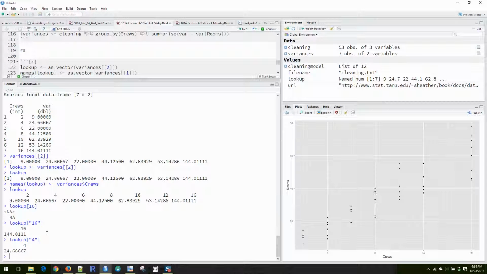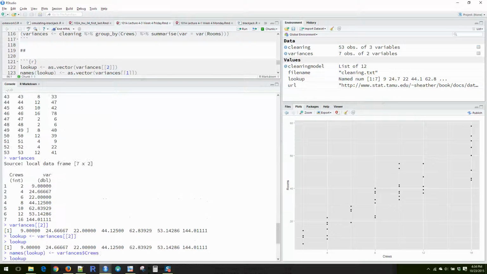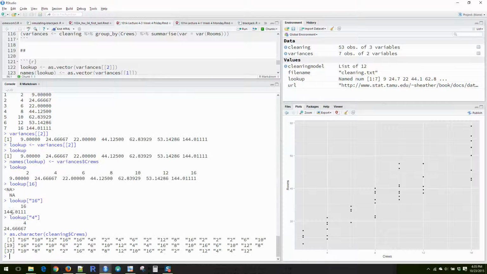We're going to take our cleaning table, do cleaning crews, and apply as.character. So as.character of cleaning crews takes this column and gives 16, 10, 12, 16, stuff like that.